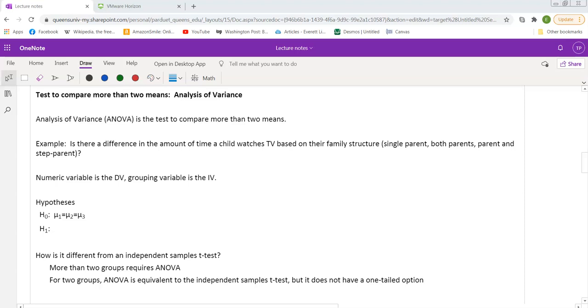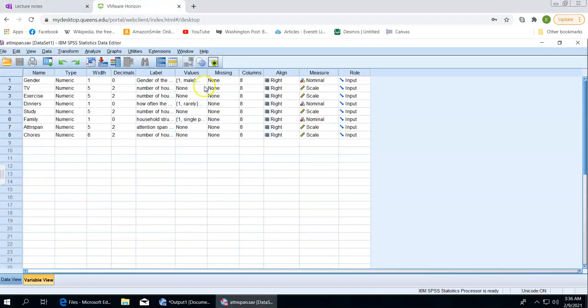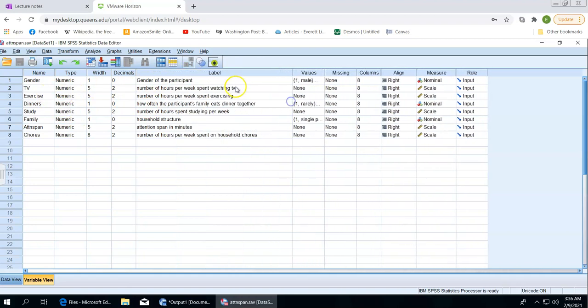An example of this, using the same attention span data set, and this is probably going to be the last day we use that data set for a while, if you're getting tired of it. We want to compare the mean amount of time children spend watching TV based on their family structure. Looking at this data set, one of our variables that we've seen before is the amount of hours per week spent watching TV.